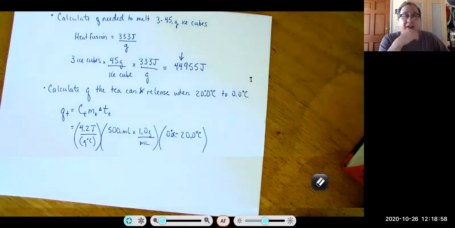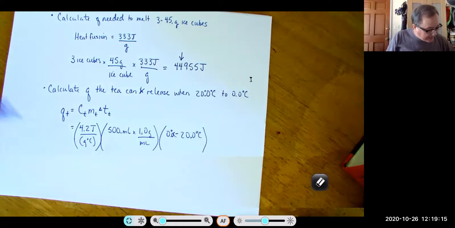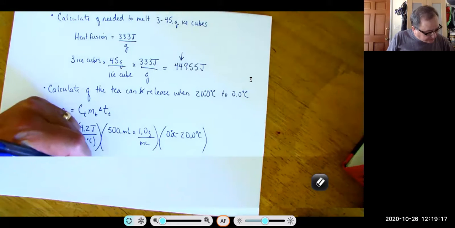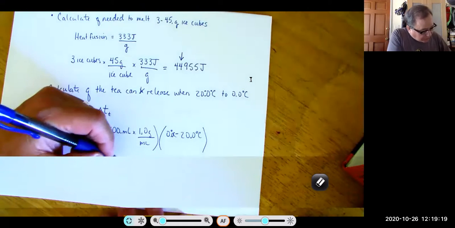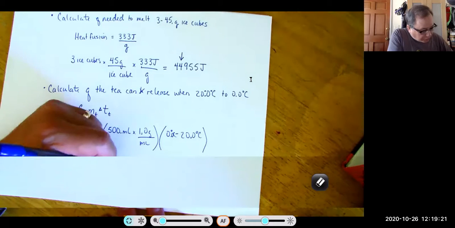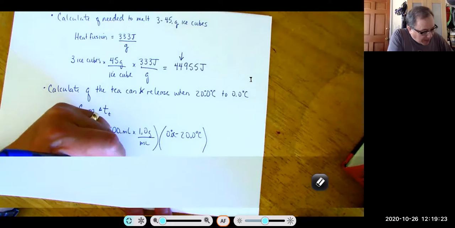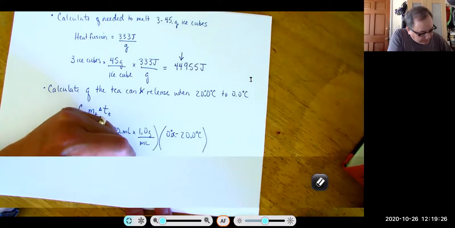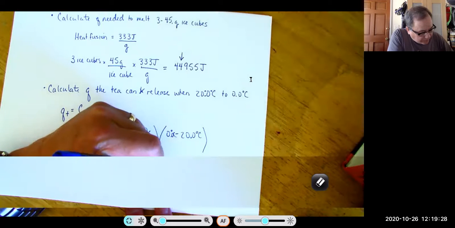That's half of 840, which is 420. So probably 42,000. So 4.2 times 500 times 20, and I get negative 42,000. And this is only good to here. Joules possible from the tea.